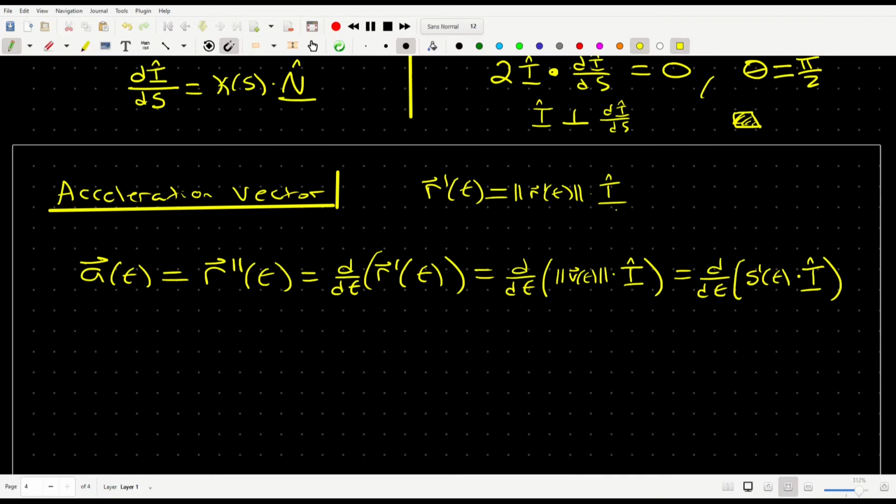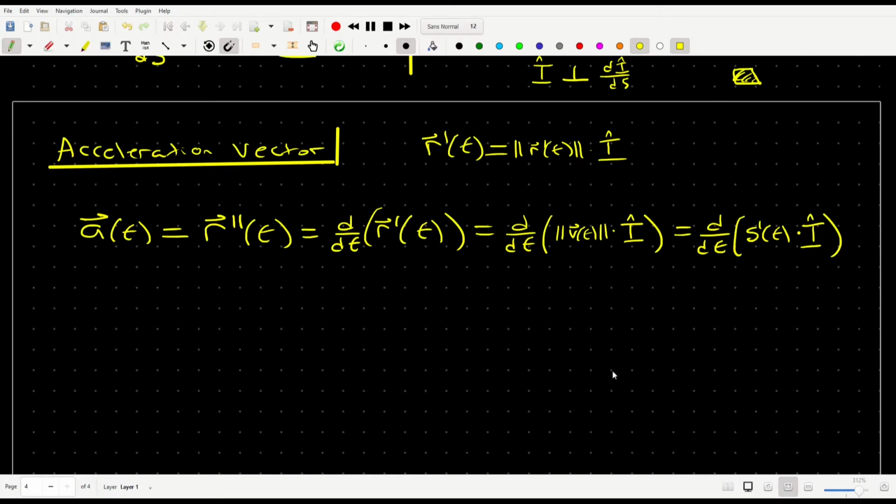And this magnitude of r prime is the same thing as the derivative of arc length along the curve. So I'm going to use this format right here because it cuts down on the number of things that I have to write down when I'm differentiating this.